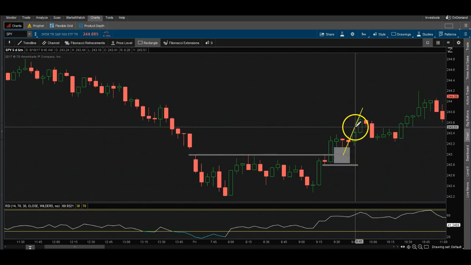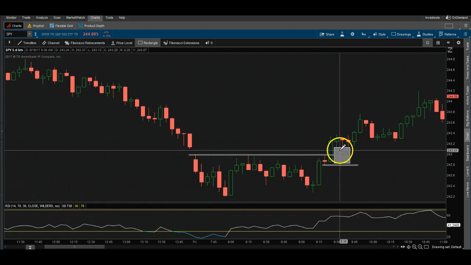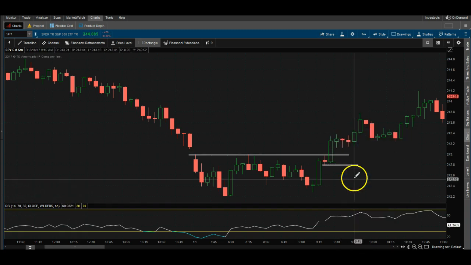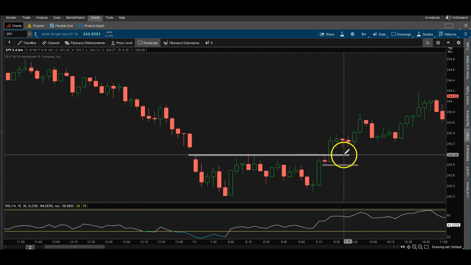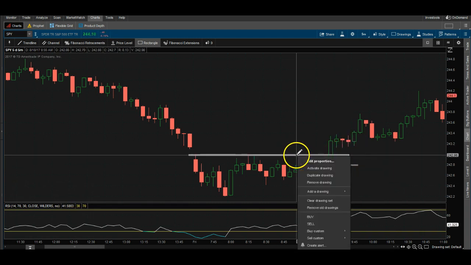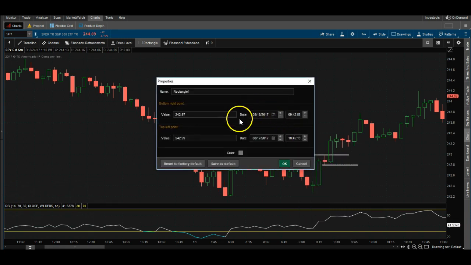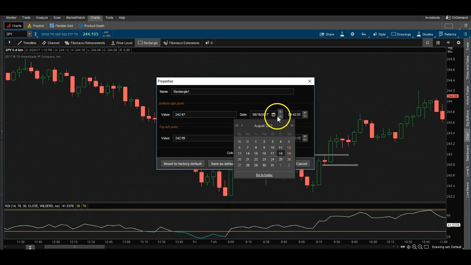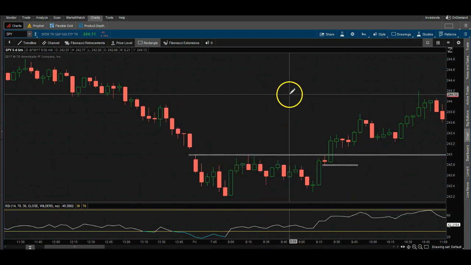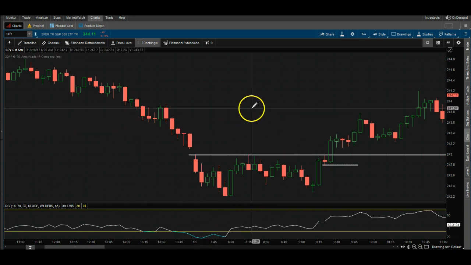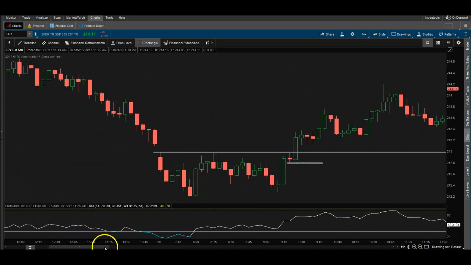Now, moving forward, sometimes price doesn't give you the opportunity to get in on the pullback. Let's say you missed this trade. Well, all you have to do is take this line and extend it to the right. Let's extend it all the way to the right and see what price does as price moves.